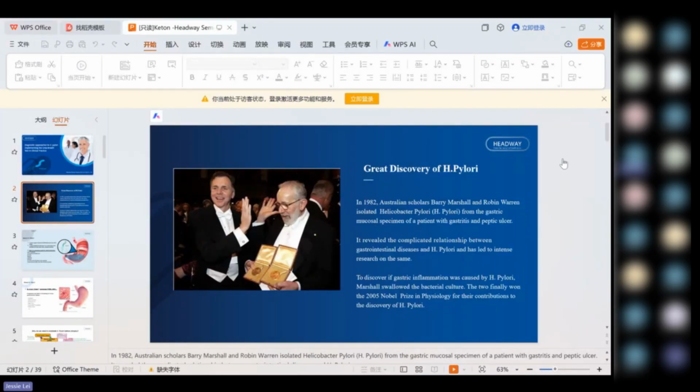So, about H. pylori: H. pylori is a gram-negative spiral-shaped bacterium that colonizes our stomach lining, causing stomach diseases. The symptoms include bloating, burping, vomiting, pain, and other symptoms.